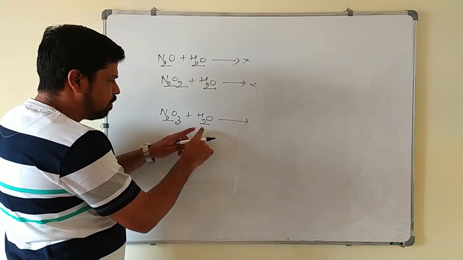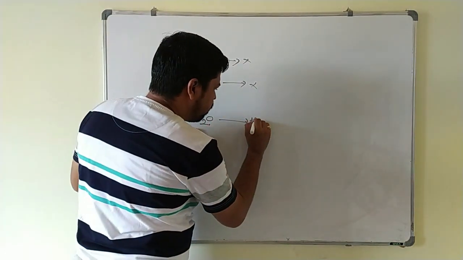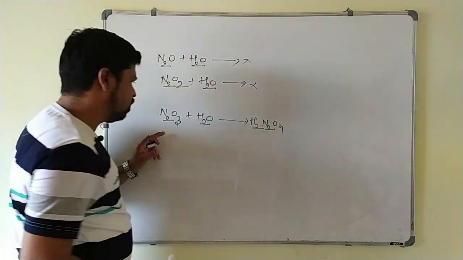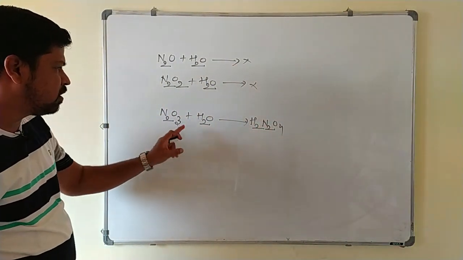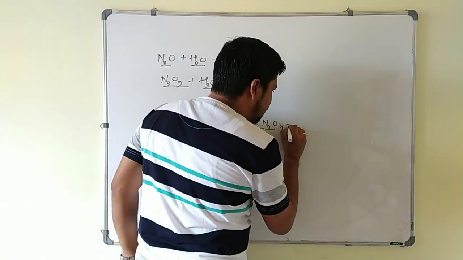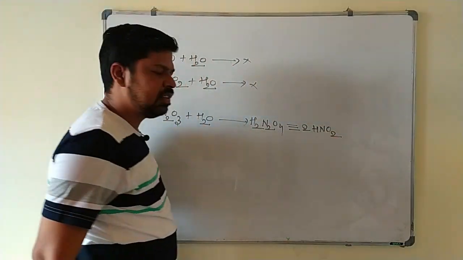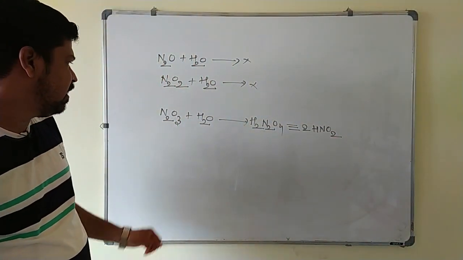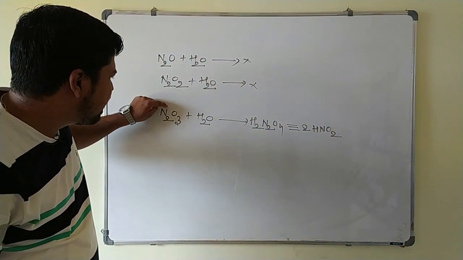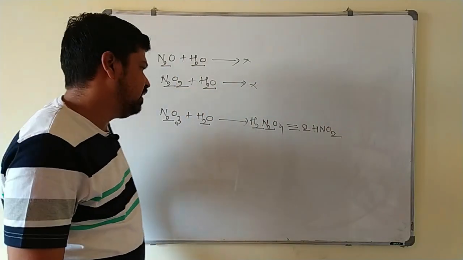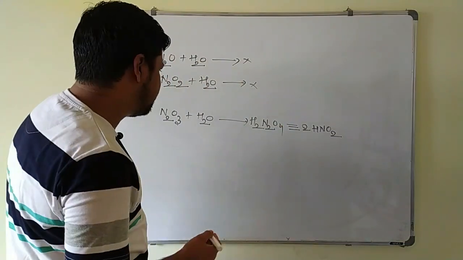You can write H2O plus N2O3 gives H2N2O4, which can be equivalently written as 2 times HNO2. So this is acidic in nature, giving nitrous acid.